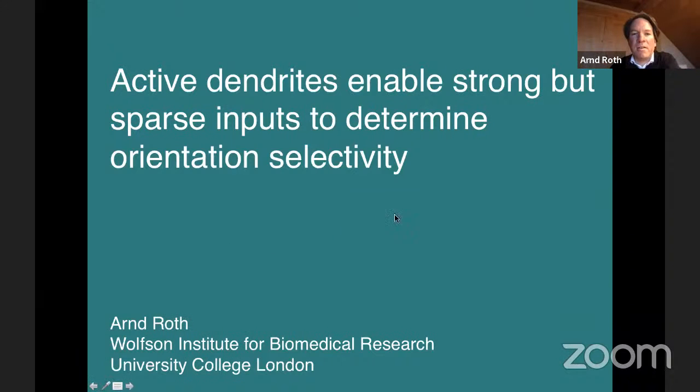So today I'll tell you about work that's been going on in our lab, Michael Häuser's lab in London, in the last few years, modeling responses that we can observe in vivo when we patch dendrites or when we image dendrites.